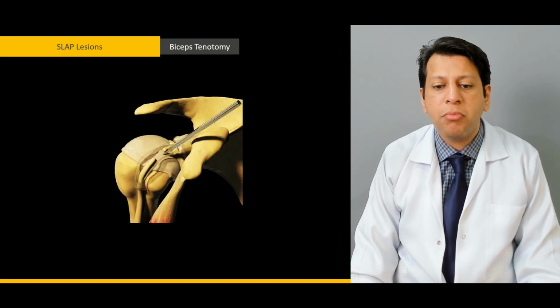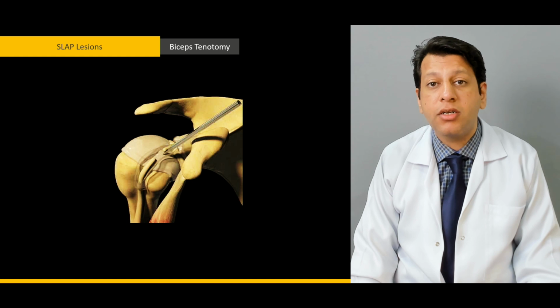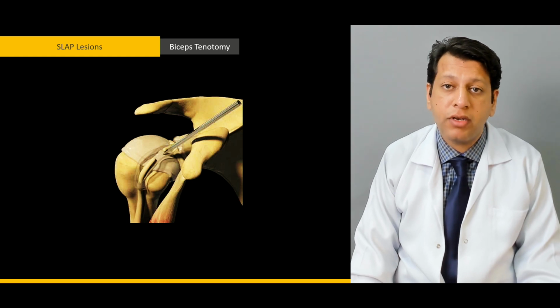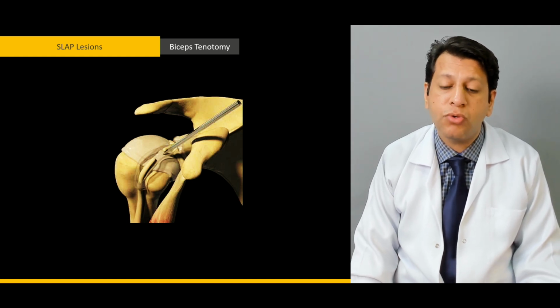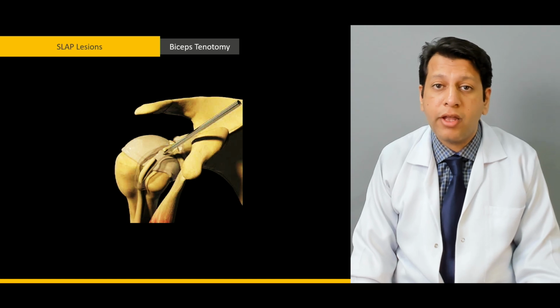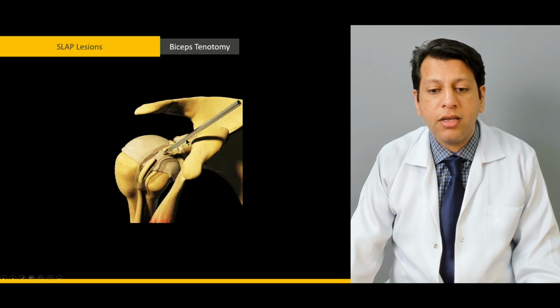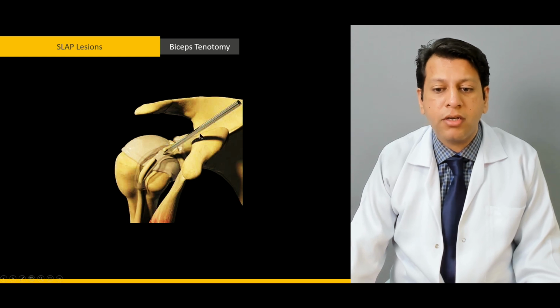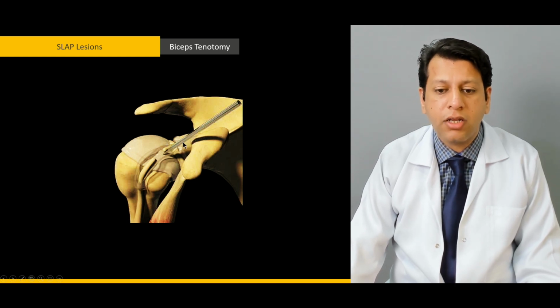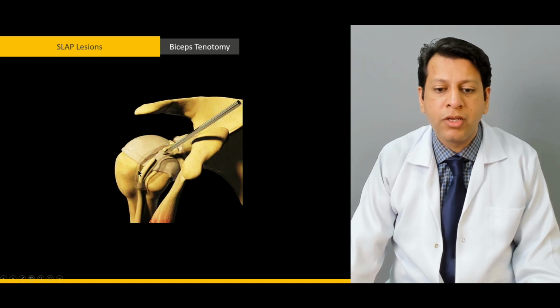Bicep tenotomy is one of the options for the tendinitis as well, or even if it is associated with SLAP lesion, you can go for acute repair and go for tenotomy. What would that do? As I told you, anatomically, as the supraglenoid tubercle, the long head starts, it comes all the way back through the rotator interval into the bicipital groove, and here there is a transverse humeral ligament which is actually on the top of the tendon.